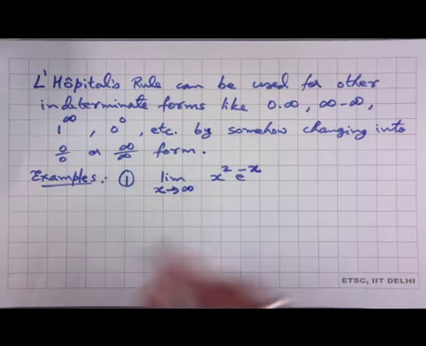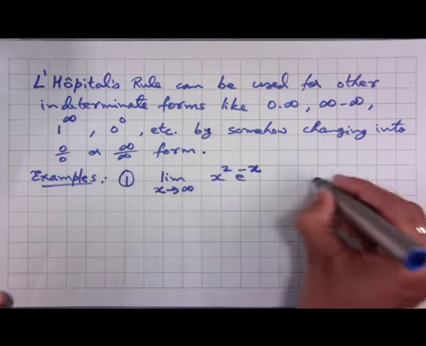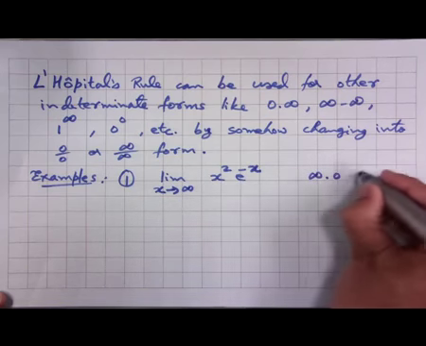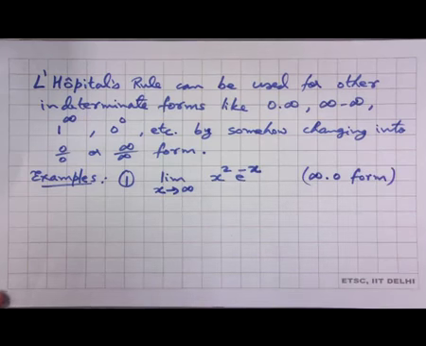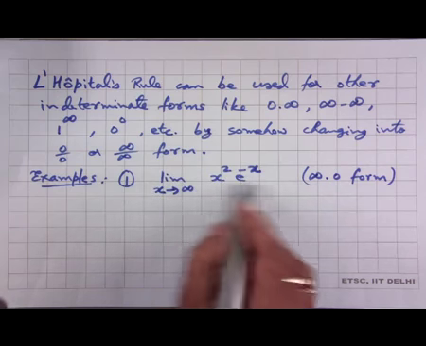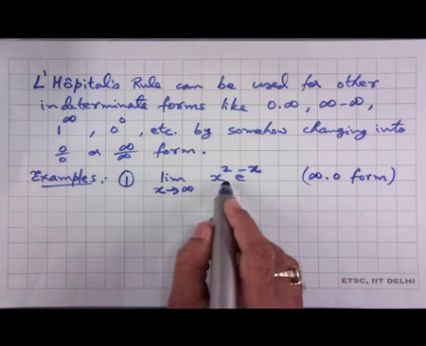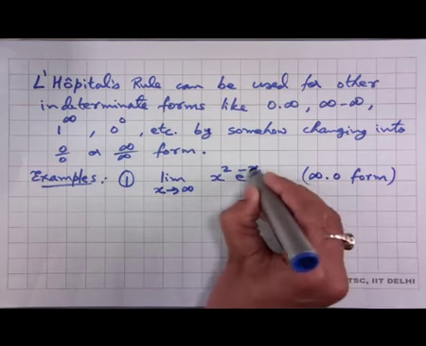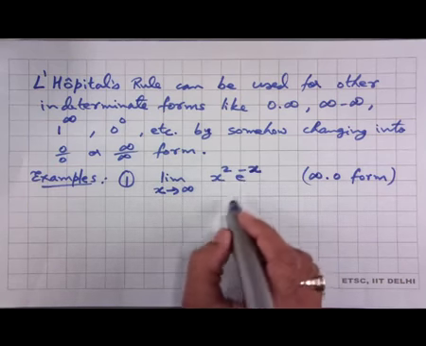So, here if we see, as x goes to infinity, x square goes to infinity, e to the minus x goes to 0. So, this is infinity times 0 form, which we have seen is an indeterminate form, but here we have this is a product of two functions and not ratio of two functions.